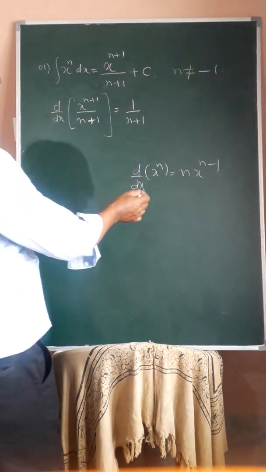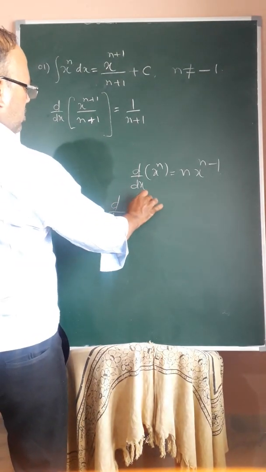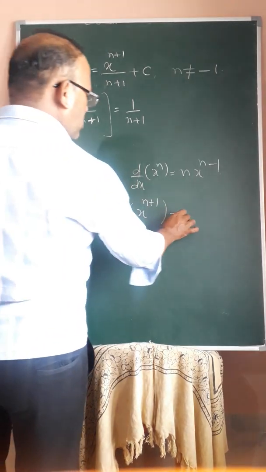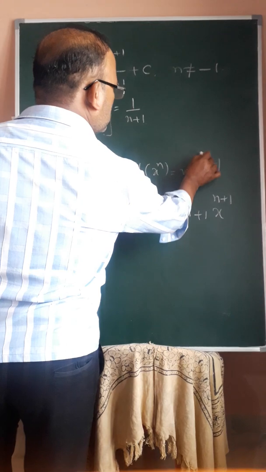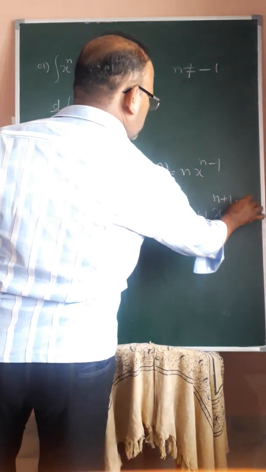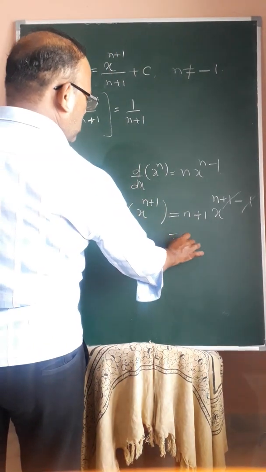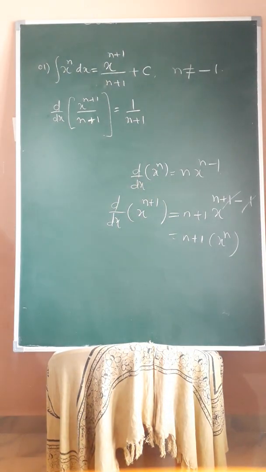Here, instead, x to the power of n plus 1 is there. So the derivative is n plus 1 into x to the power of n plus 1 minus 1, and n plus 1 minus 1 is n. So we get n plus 1 into x to the power of n.